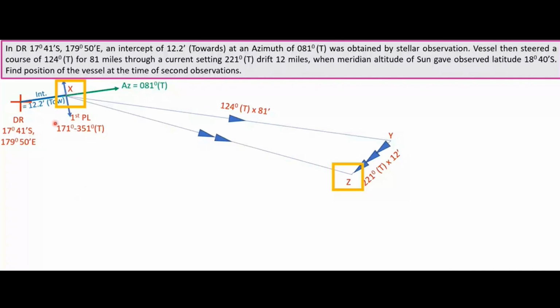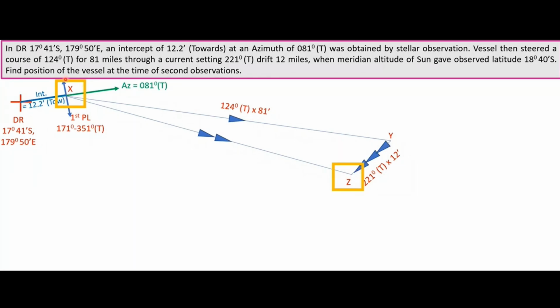So if I have to see from this DR and I have to come to point Z, then this is one leg that needs to be done. This is the second leg, and this is the third leg which has to be covered.